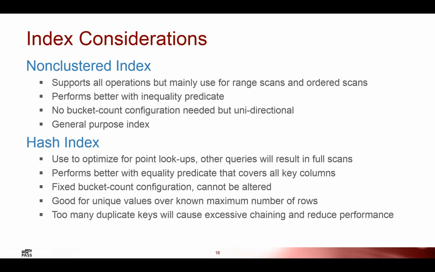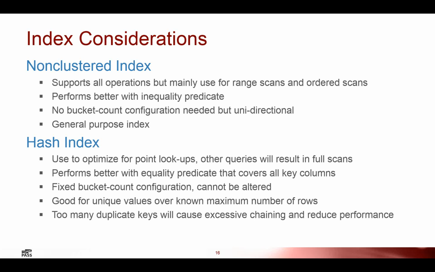So it performs amazingly well with point lookups if you provide all the values for all the index columns. But for other operations, for example, if you want to search between two dates, you have to scan through all the hash buckets, and this may slow down your performance.